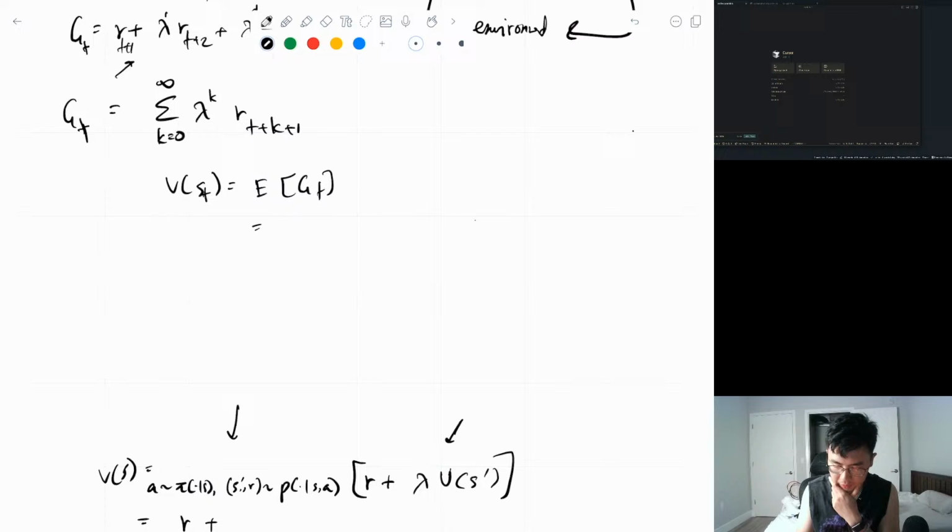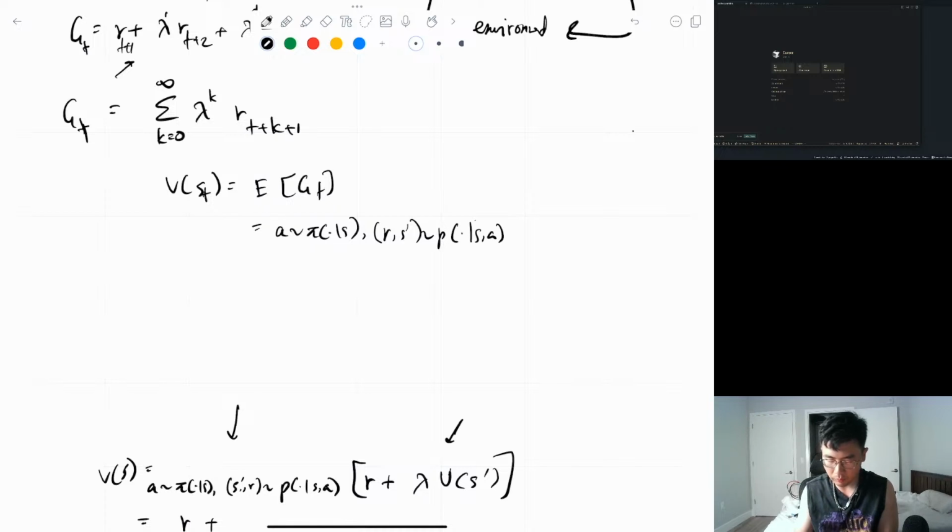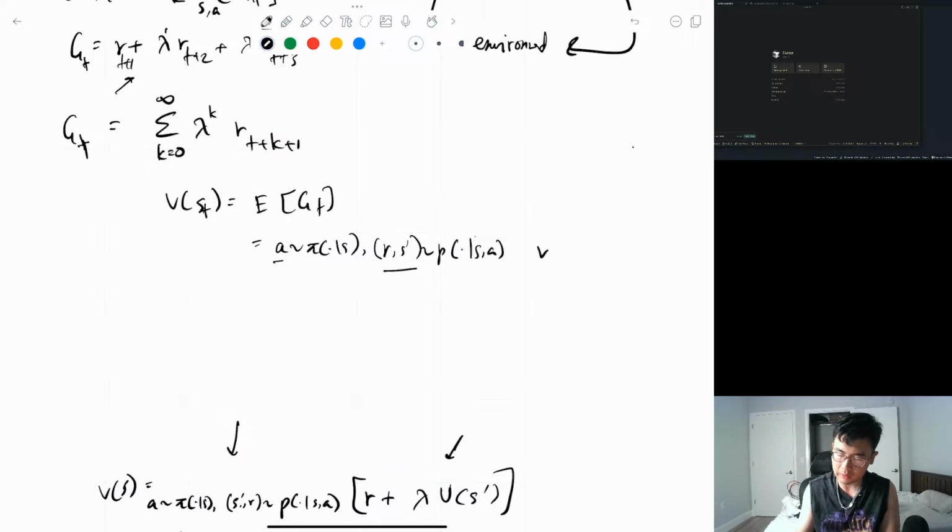All right, so this is just equal to the return. Well, first you need some reward, so you need to take some action sampled from policy, right? And then you have your new reward and new state sampled from your environment. Once you have these two variables, then you take your R, so that's equal to R plus gamma of, okay, now you're in S prime.